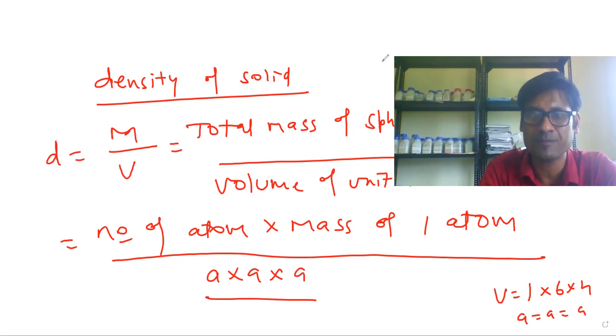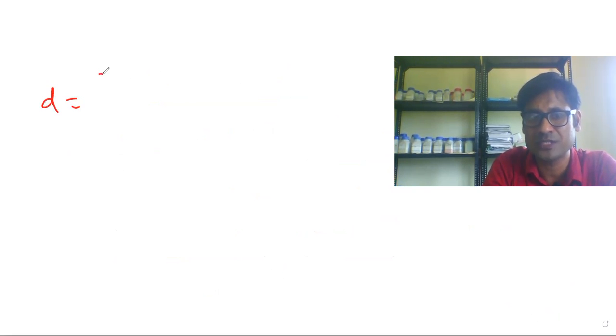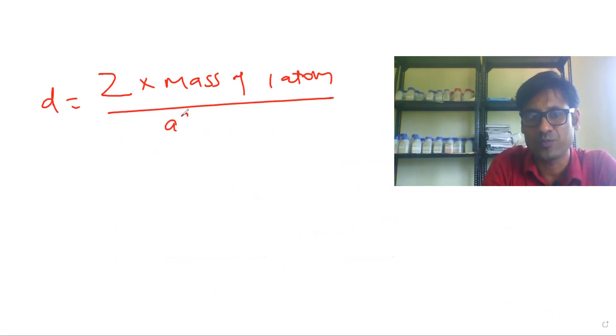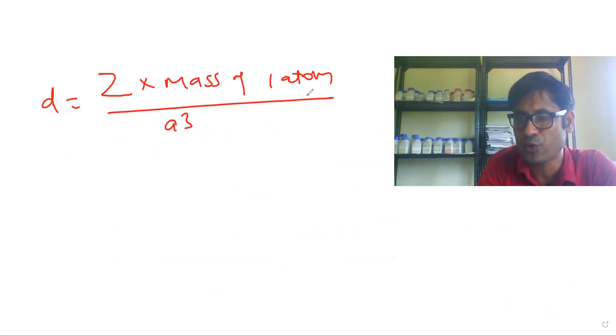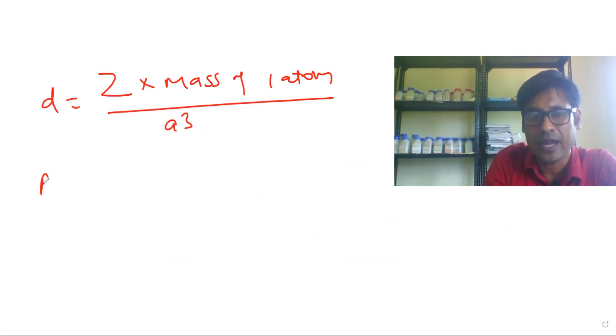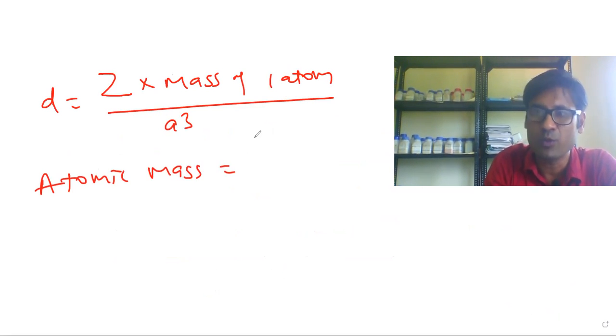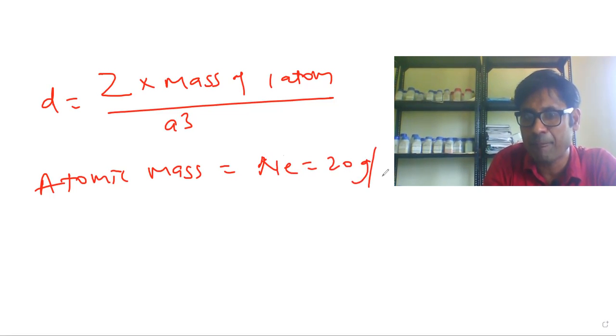Then the formula will be density is equal to Z, means number of atoms, into mass of one atom, divided by a cube. And what is the value of mass of one atom? We know that atomic mass or molar mass means mass of 1 mole of atoms. Suppose atomic mass of neon is 20 gram, means 20 gram per mole.